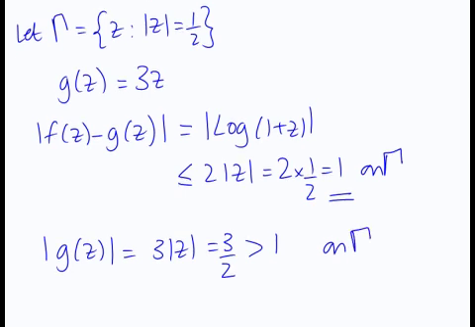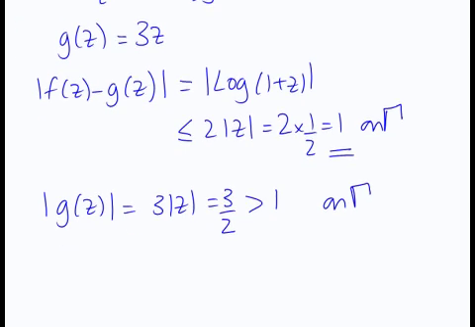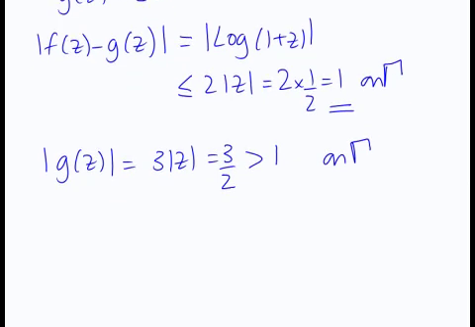So all the conditions for the theorem are satisfied, and therefore by Rouche's theorem f has the same number of zeros as g inside gamma.